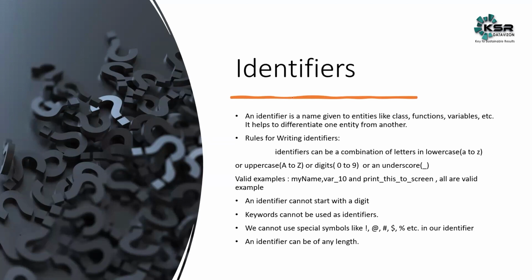Similarly, the way we create our names, in order to create identifiers we also follow similar rules. There are rules to create identifiers. An identifier is a combination of lowercase letters, which is small a to z, or uppercase, capital A to Z, or digits 0 to 9, or underscore.